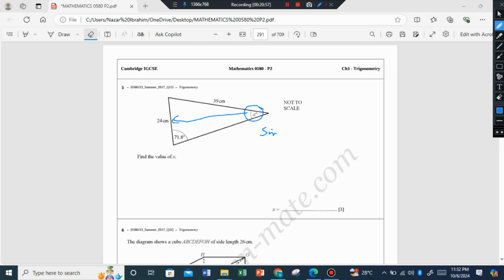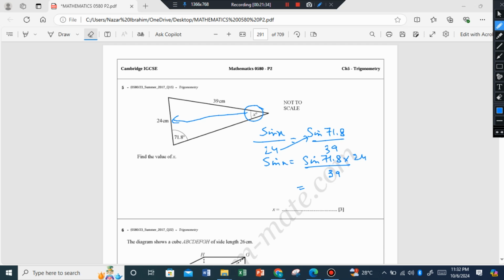So sine x upon 24 is equal to sine 71.8 upon 39, right? Cross multiply, 24 will go over there. So sine x is equal to sine 71.8 multiplied by 24 upon 39. Now let's see what we get when we put it in the calculator.